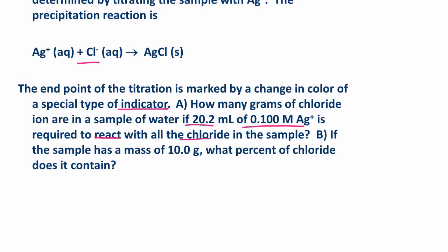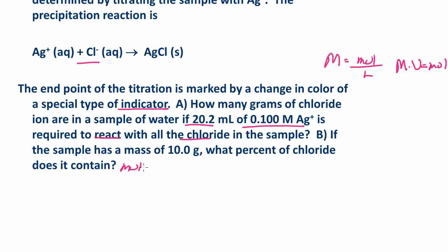What we can do is we need to determine the moles of silver ion that have reacted. And we can do that. Again, we know that molarity is moles over the volume in liters. So if we multiply the molarity times the volume, we'll get the number of moles. So let's go ahead and do that.